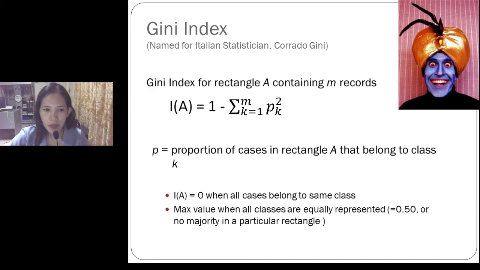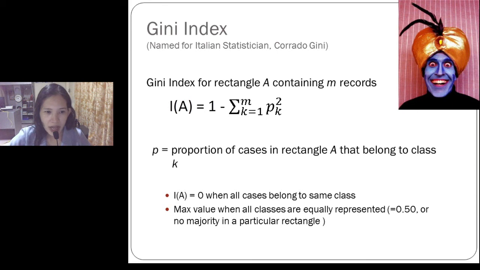We describe both and denote the M classes of the response variable by k equals 1, 2, up to M. The Gini impurity index for a rectangle A is defined by the formula given in the slide, where p is the proportion of cases in rectangle A that belong to class k. Here, a rectangle is the part of the data set that is being split.